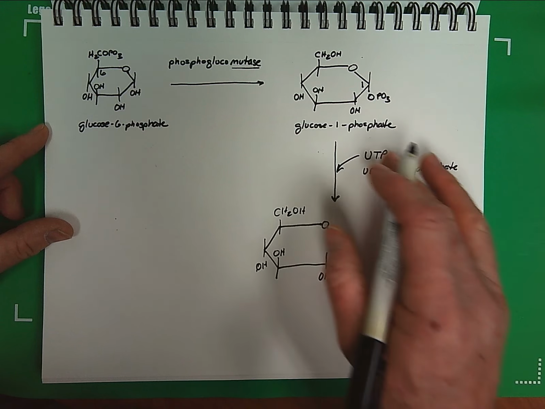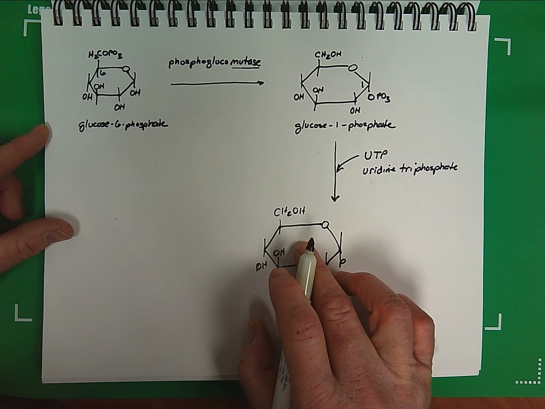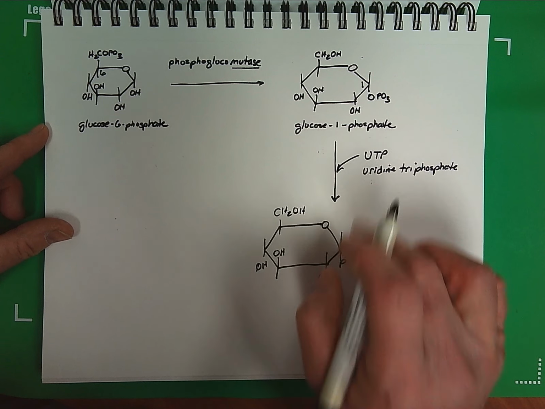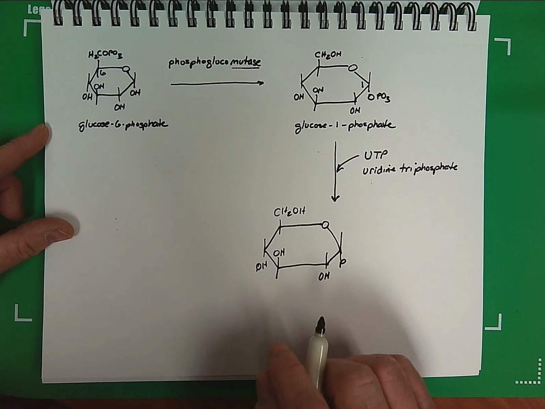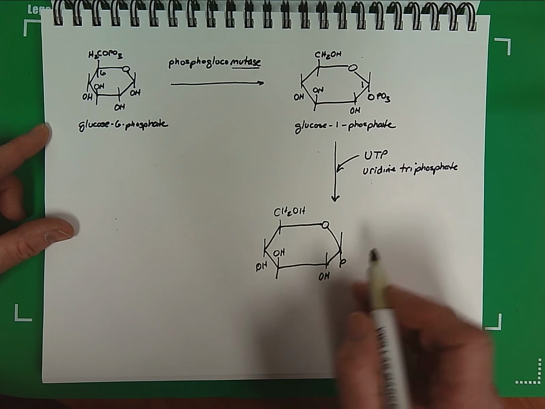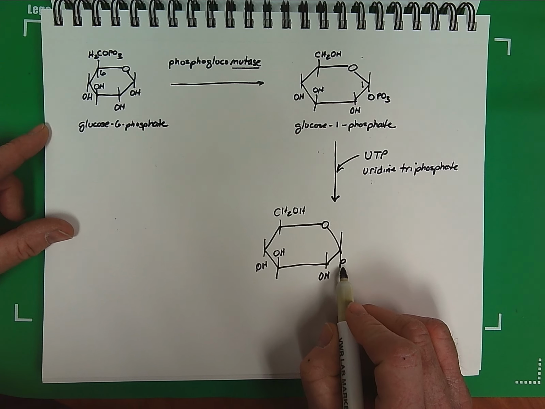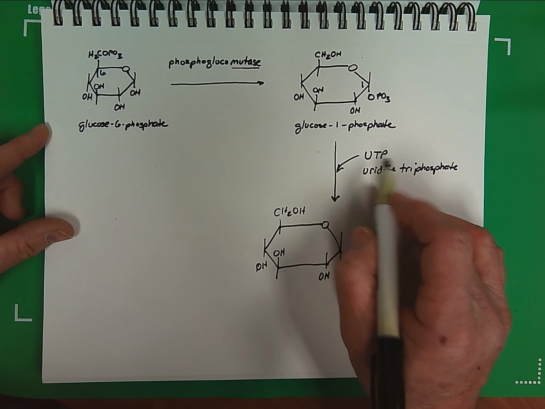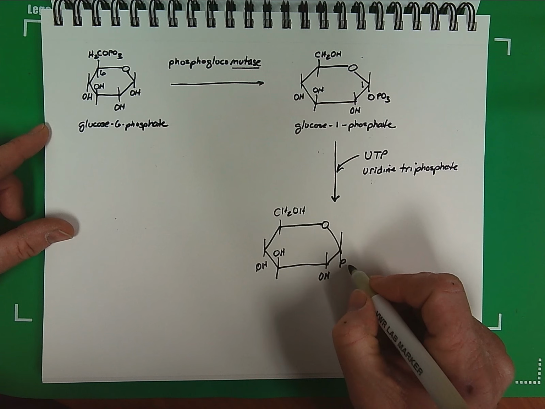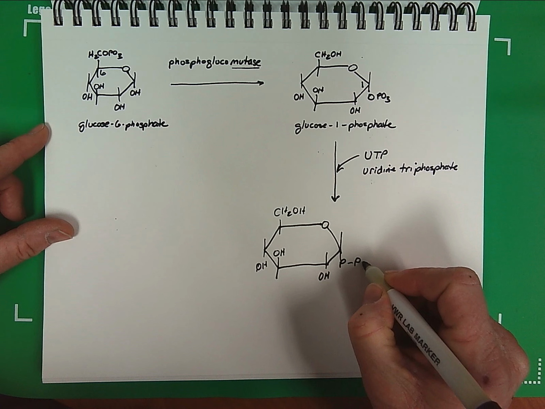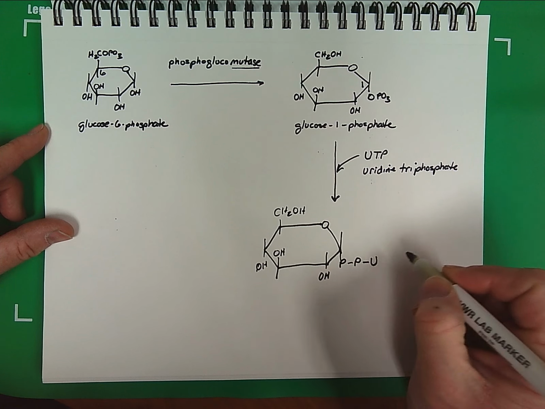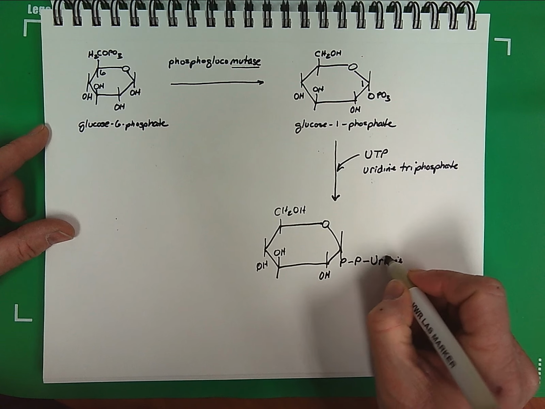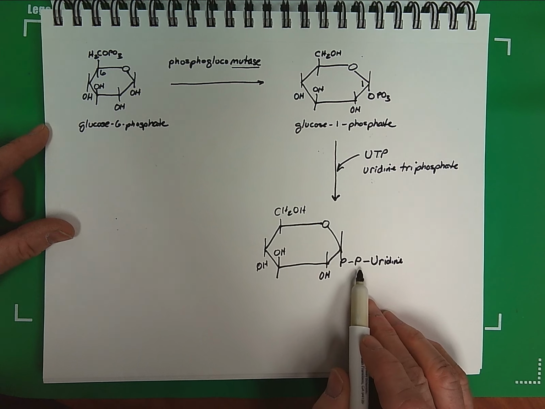So in order to link the glucose monomer up, we're going to be adding the charge from UTP onto glucose 1-phosphate. So recall we already have 1-phosphate here. What we are going to be doing is actually taking a portion of the UTP molecule and linking it to the phosphate.